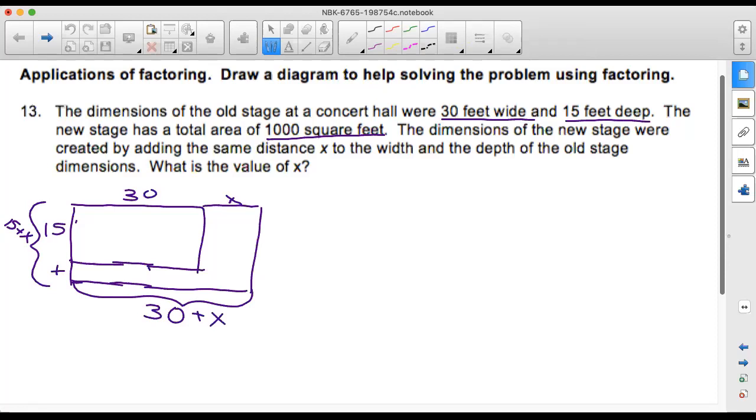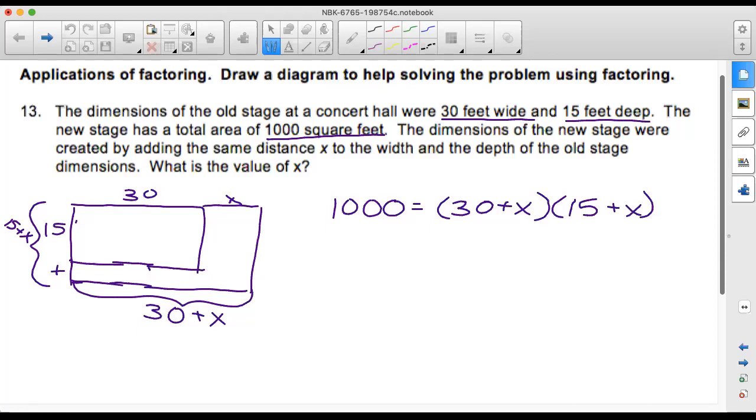Okay. 1,000 equals parentheses 30 plus x parentheses and then 15 plus x. Awesome. Because the total area of the new stage is that 1,000 square feet. Good. And then what step should we take from here?